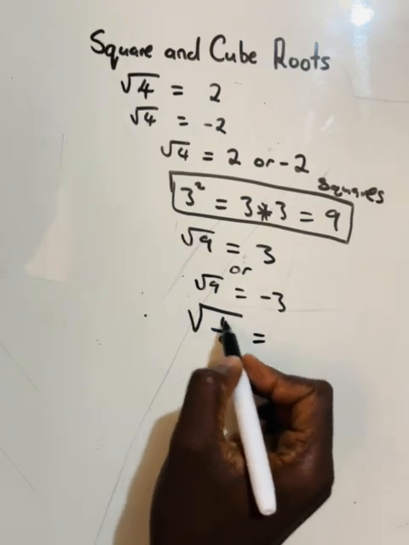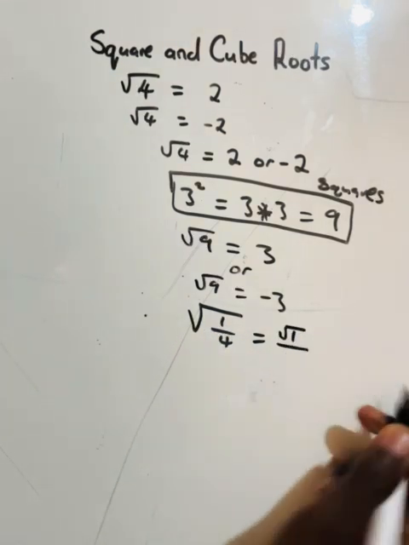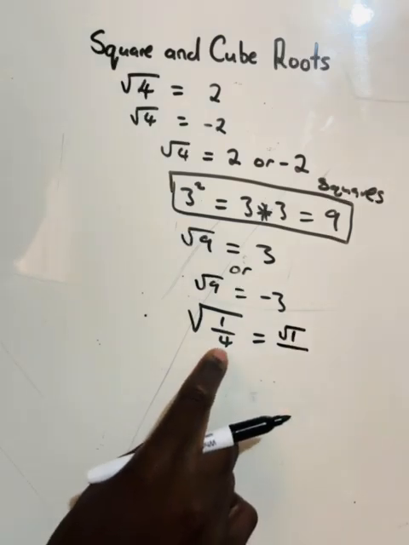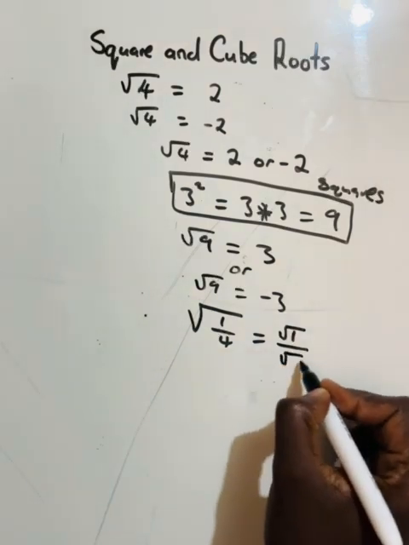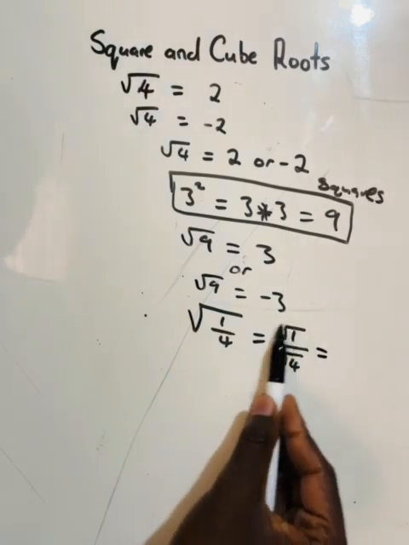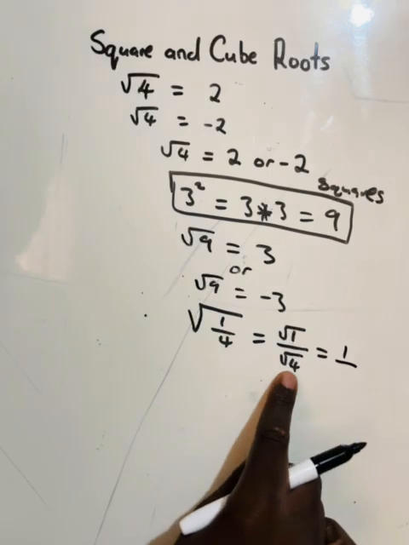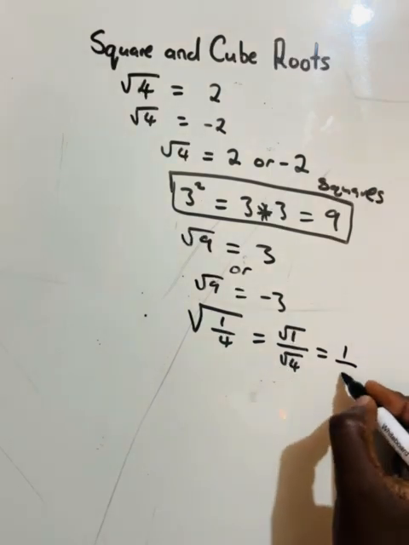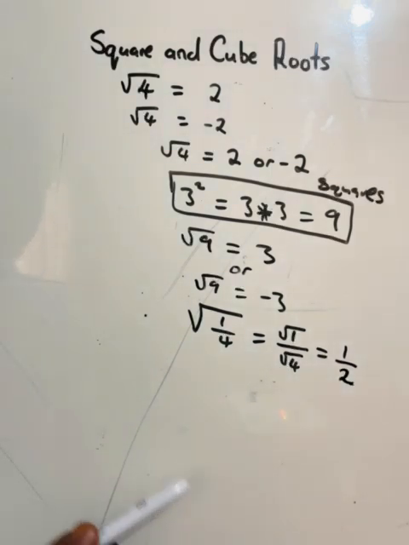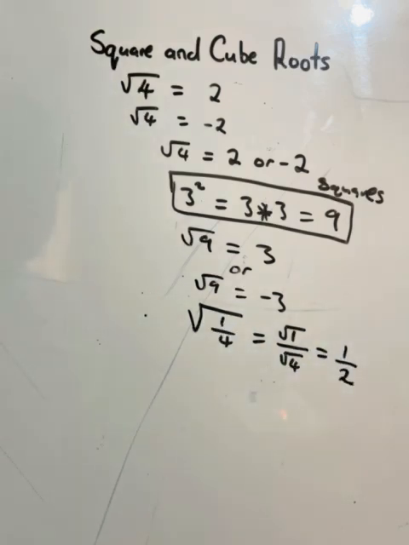Square root of the numerator, which is 1, so it's square root of 1, all over square root of our denominator, which is square root of 4. Now, what is square root of 1? It is equal to 1. And the square root of 4 is equal to 2. So the square root of a quarter is equal to 1 over 2.